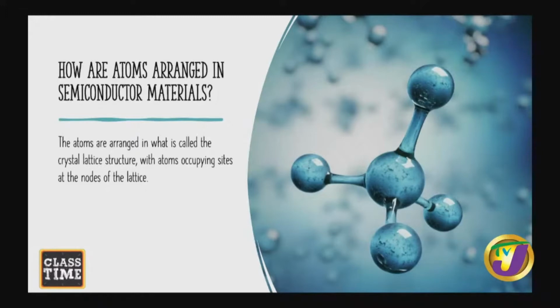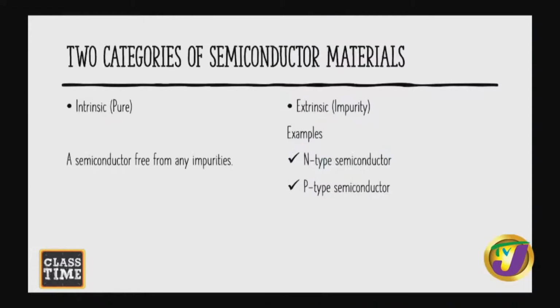As we look at the examples of our semiconductors, the categories that they fall into, we have two: intrinsic semiconductors and extrinsic semiconductors. Those are the two broad categories.